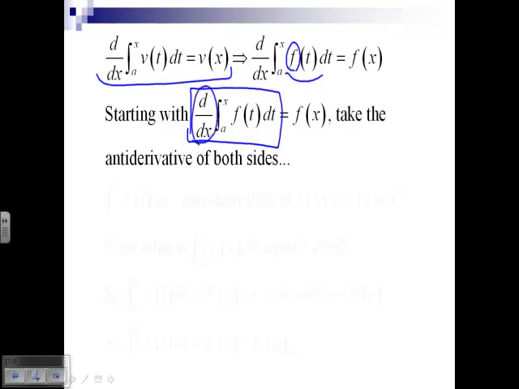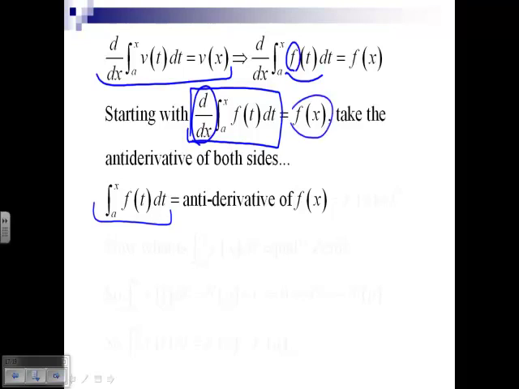So when I take the antiderivative of this, the derivative part is going to go away, and I'm just left with the integral. And on the other side, I'm going to get whatever the antiderivative of f of x is.